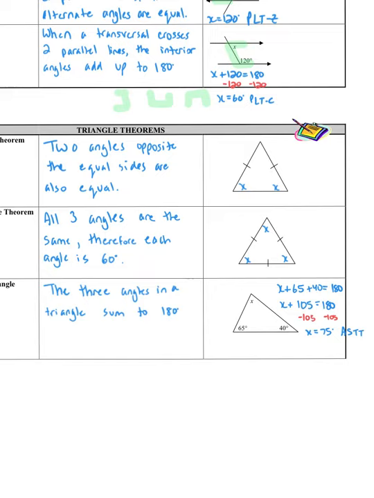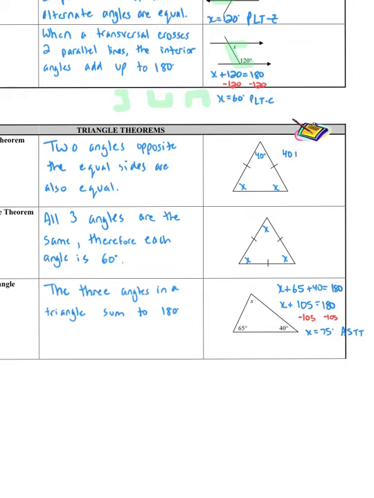So in the first one, the isosceles triangle, let's make this angle to be 40 degrees. I'm just making up a number to make this an example. Now that I know this angle, I'm able to find these 2 angles, which are both equal. And I'm using ASTT, angle sum in a triangle theorem.